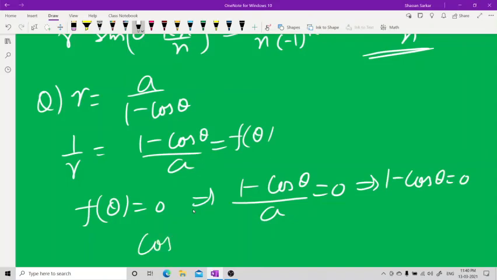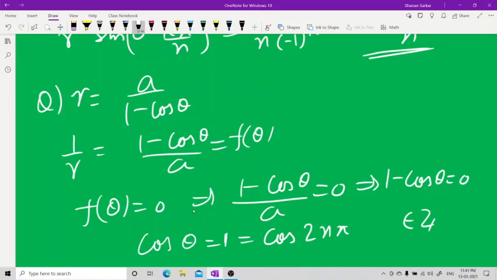That means cos theta equal to 1, and 1 means cos 2 k pi. K belongs to integer. This is some different k. This is also an integer. This k and that k is different. They are integers only. You can change the notation.